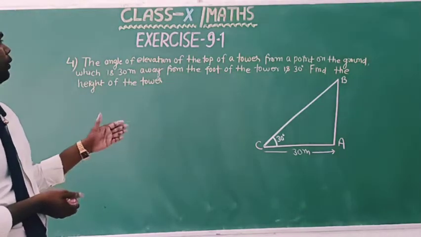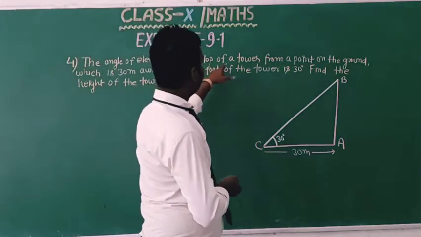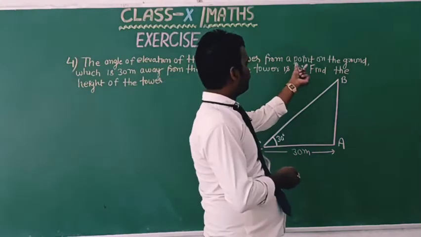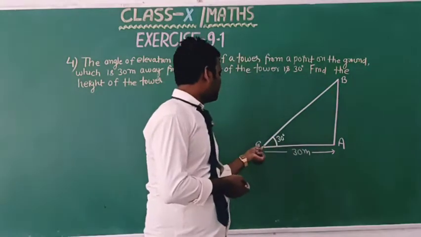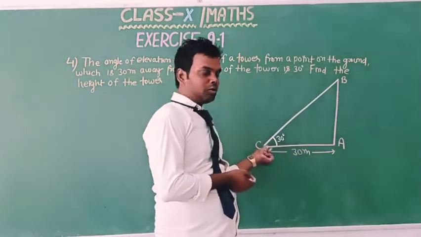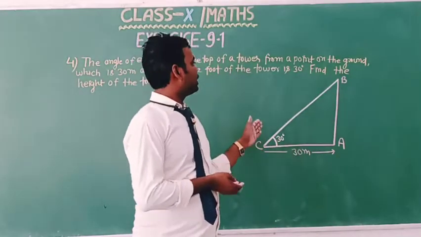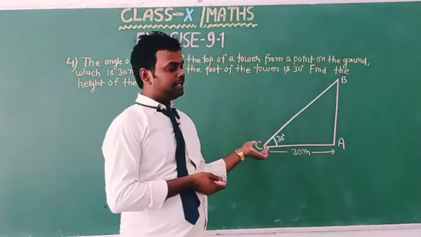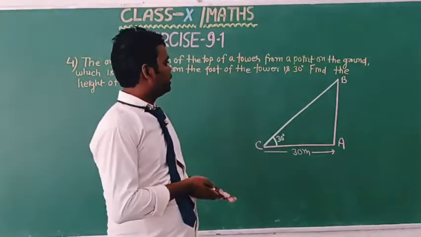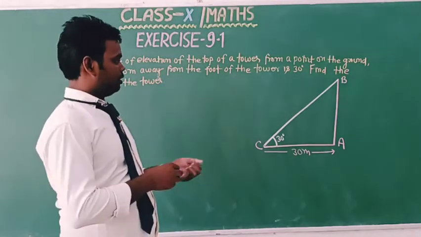So this is the figure of this question. Given the angle of elevation at the top of a tower from a point on the ground. This is a point B, top of the tower, and this is a point on the ground which is 30 meter away from the base of the tower. The angle of elevation is 30 degree. Then we need to find the height of the tower.